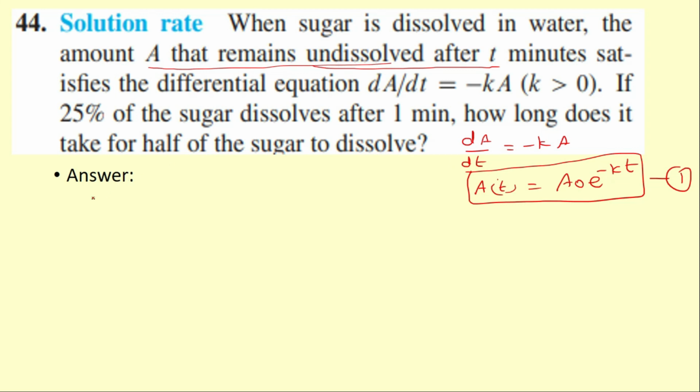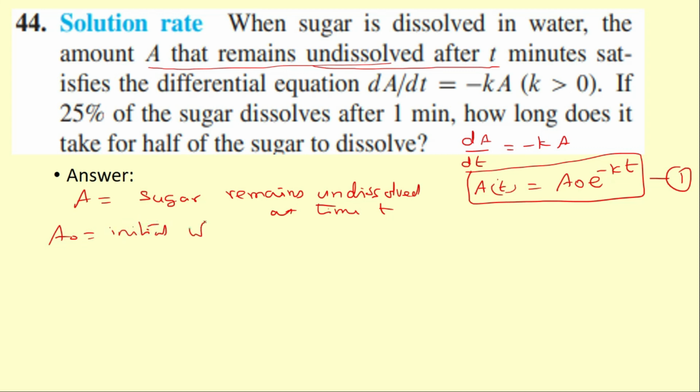That is A. So write down A, the sugar amount that remains undissolved at time t. A0 is the initial amount when time is 0. When you start, there will be whole sugar that remains undissolved, isn't it?